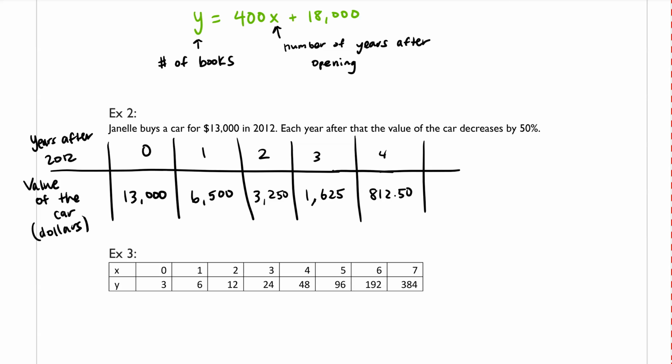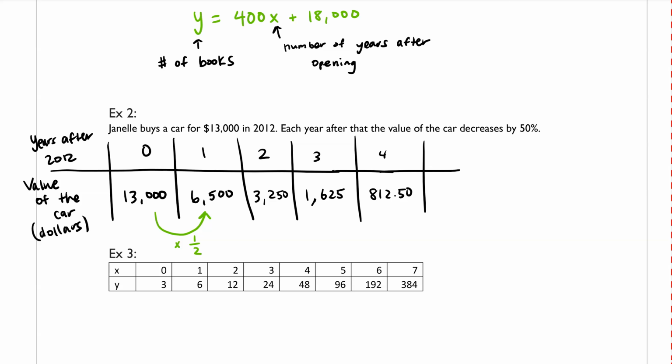If it were decreasing linearly, you would be subtracting the same amount each year, but that's not what's happening. To get from one year to the next, how we're getting the output values is we are multiplying by a value of 1/2.